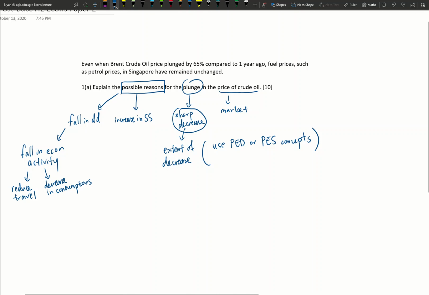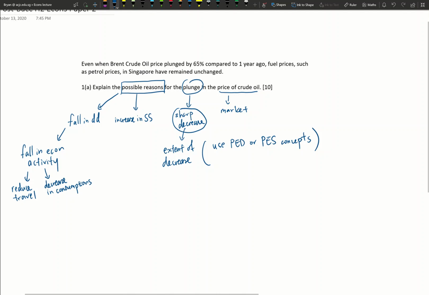And that's quite easy to link because oil is practically used to produce energy for many different industries, right? So we are going to link these 2 reasons to the fall in demand. And they're both related to the fall in economic activity, probably because of the pandemic.